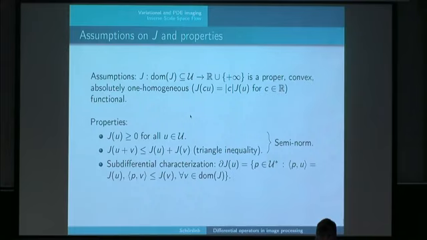So the L1 norm is an example of an absolutely one homogeneous functional. That is a semi-norm, so it fulfills some of these properties here, non-negativity, triangular inequality, and it has a subdifferential characterization, so you can characterize gradients of this functional J by lying in the subdifferential.